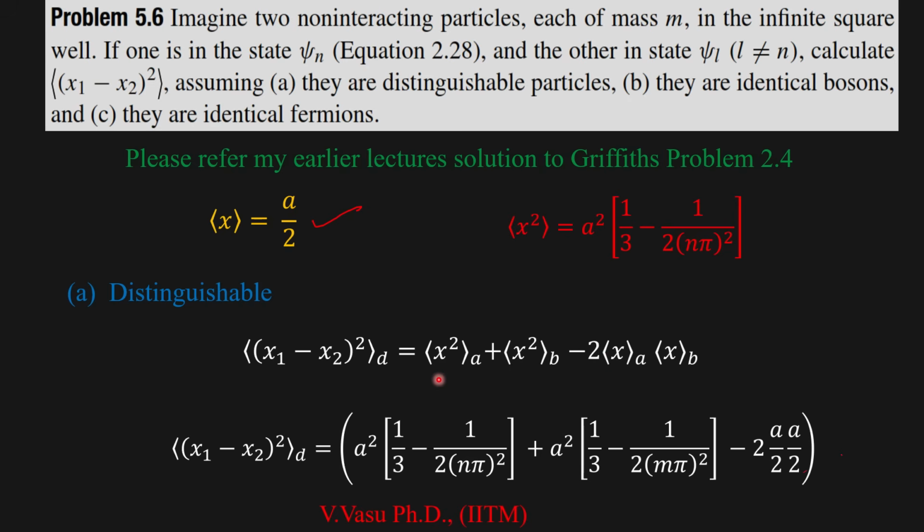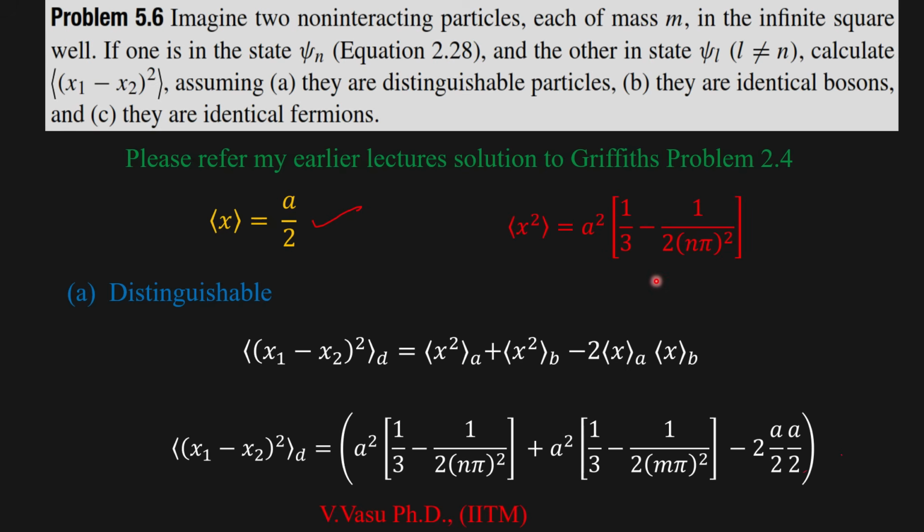So this can be written as the expectation value of x squared of particle A, plus the expectation value of x squared of particle B, minus 2 times the expectation value of x for particle A multiplied by the expectation value of x for particle B.